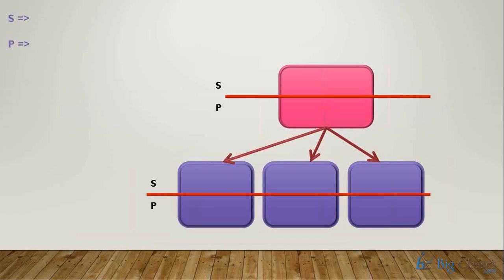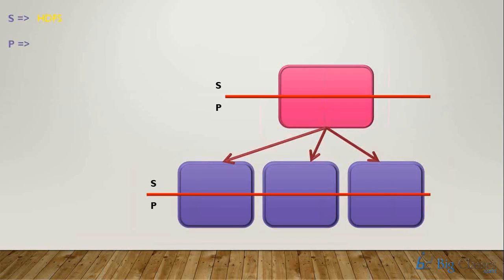So when I am talking about storage, if I want to store something, some mechanism should be there. That mechanism is called HDFS. It is one of the components in Hadoop. HDFS means Hadoop Distributed File System.